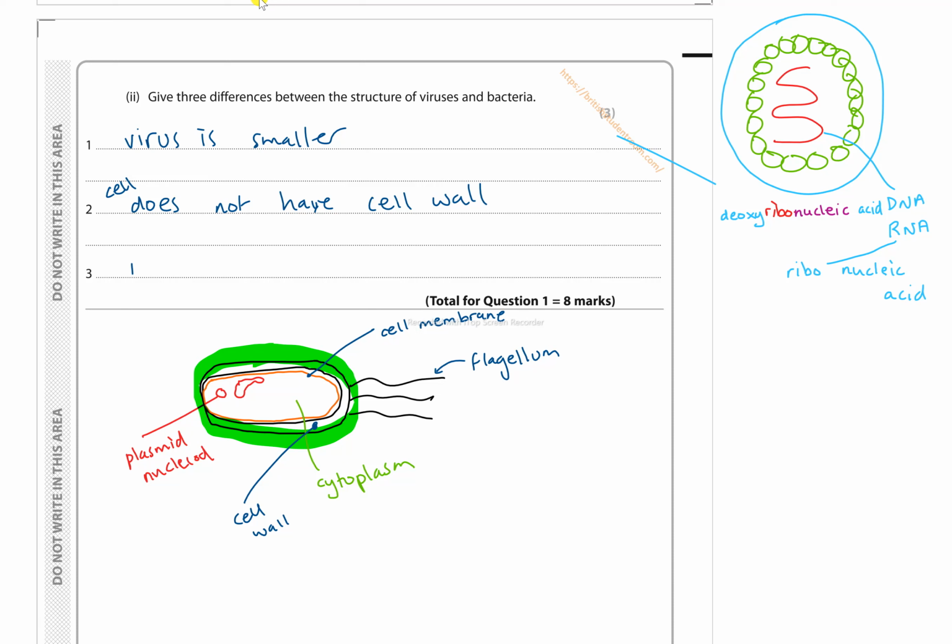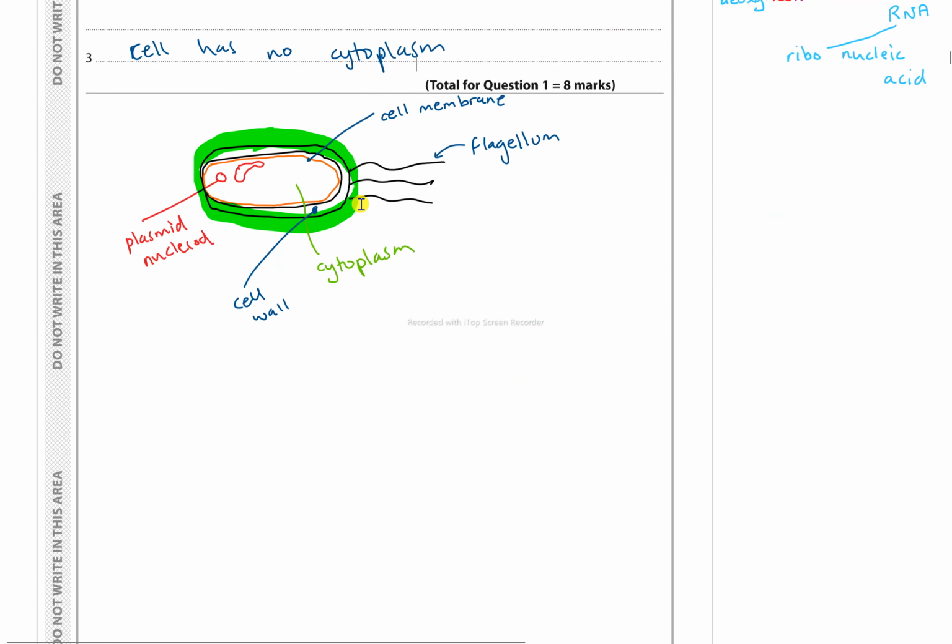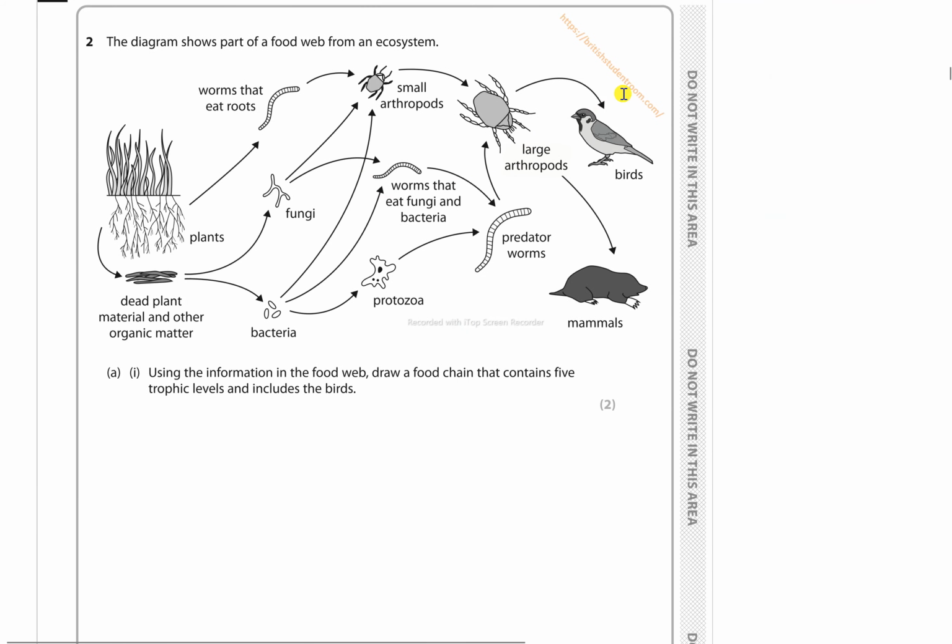And it has no cytoplasm. It has no flagella, so one flagellum, lots of flagella. You can use any one of those. Let's keep moving on.